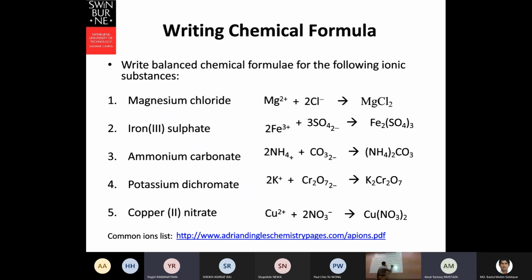So -2, that means, and here as well, this positive charge, not here. Okay. So in this way. I hope you can find the correct one in the PDF already shared on Canvas under the module.